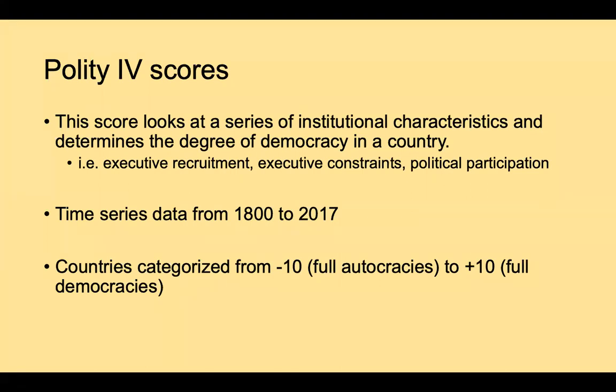These include the nature of executive recruitment, executive constraints, and political participation. Much like democracy dictatorship, it's largely procedural in its vantage point, which again means that it focuses on processes and institutional characteristics more than outcomes.